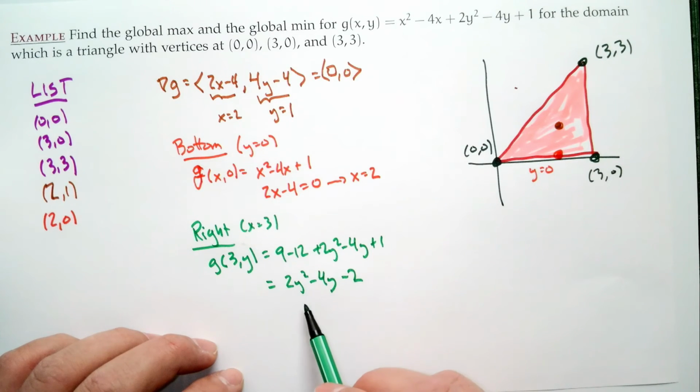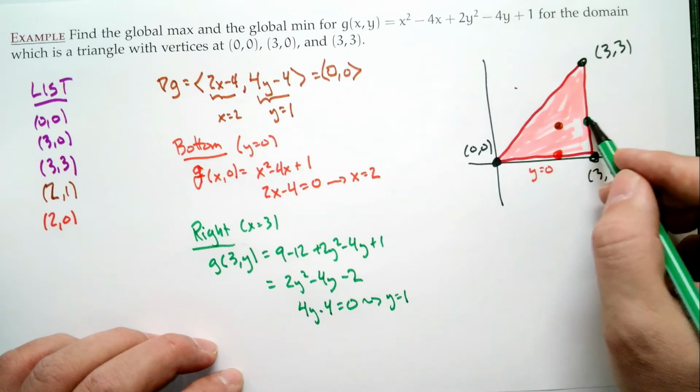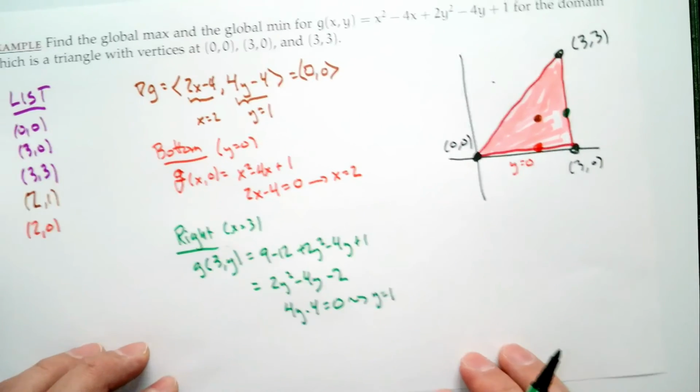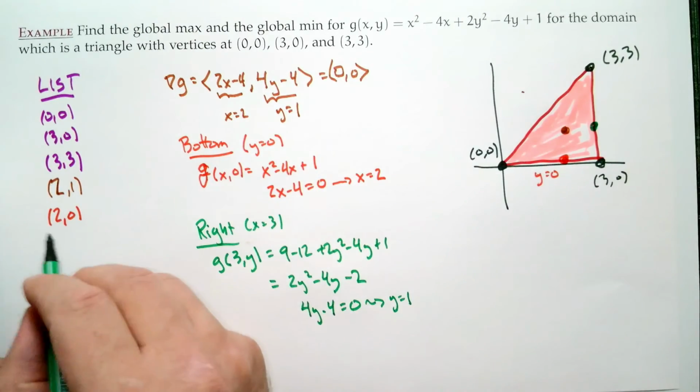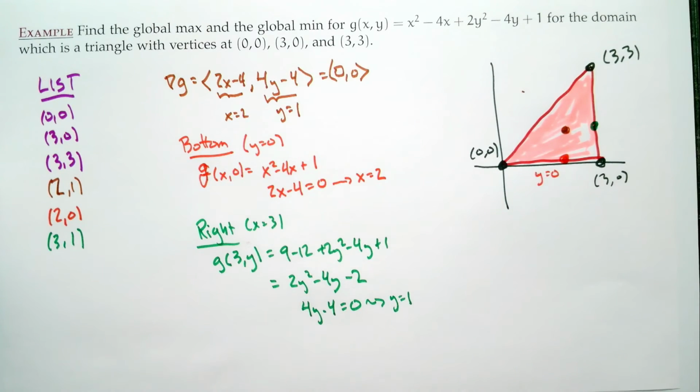Taking the derivative, what does this become? So 4y minus 4, set equal to 0, y equals 1. So we get that point there. Sorry, so that's the point (3, 1). All right. One side left.